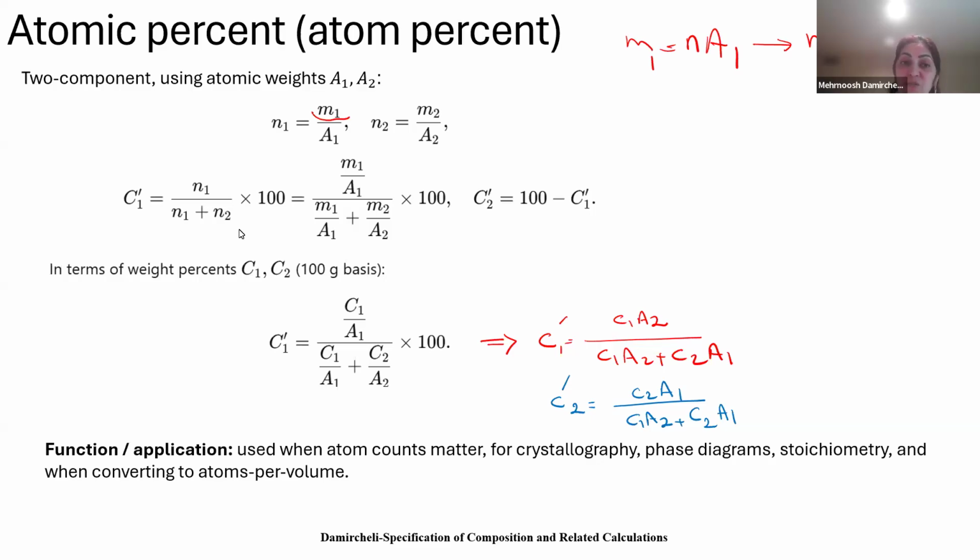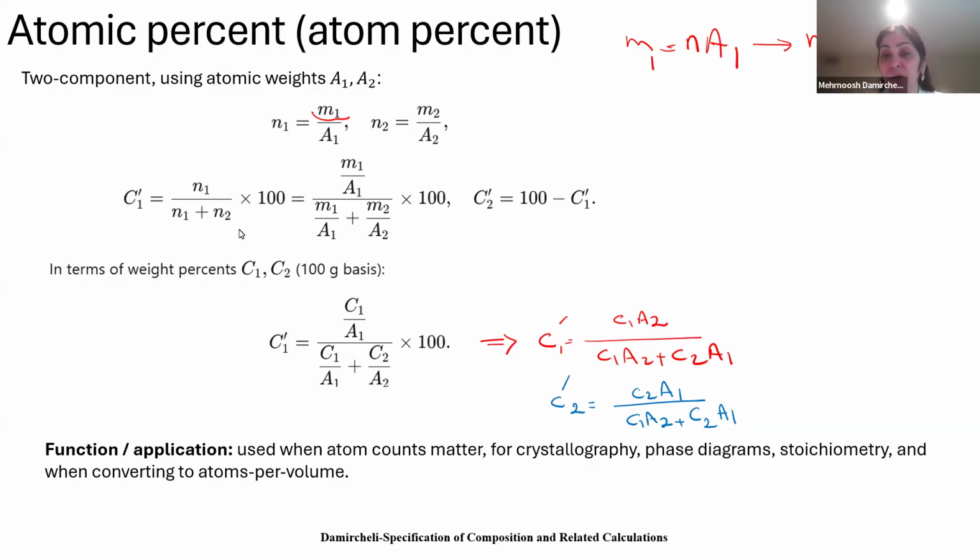What about these fractions, the N1 per total number of atoms or moles that we have? It should be N1 per N1 plus N2. As it is expressed as a percentage, multiply by 100, and write M1 over A1 in place of N1 and M2 over A2 in place of N2. Again, for all fractions that we express as percent, the summation should be 100, so C prime 1 plus C prime 2 should be 100%.